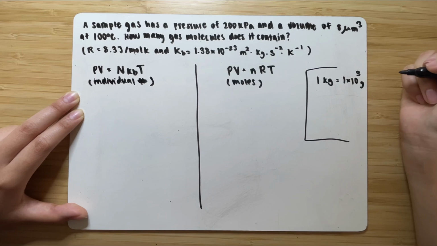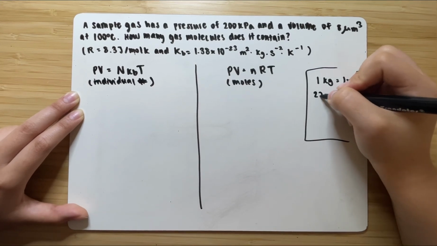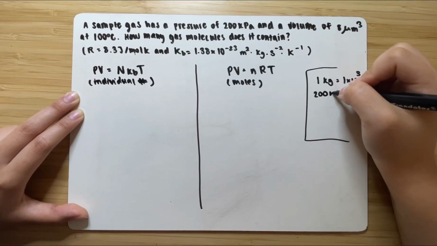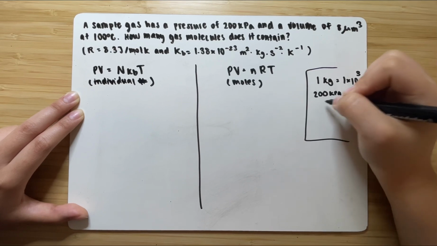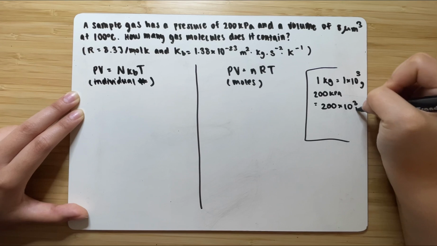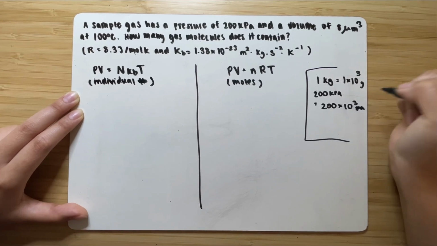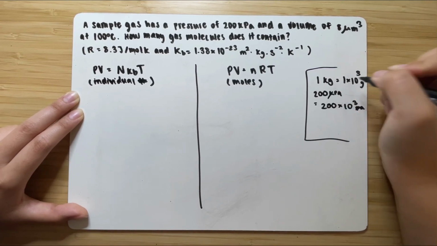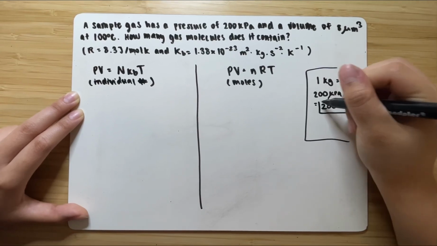Therefore, 200 kPa is going to be equal to 200 times 10 to the third Pa. This will cancel out the k, so you are left with this.